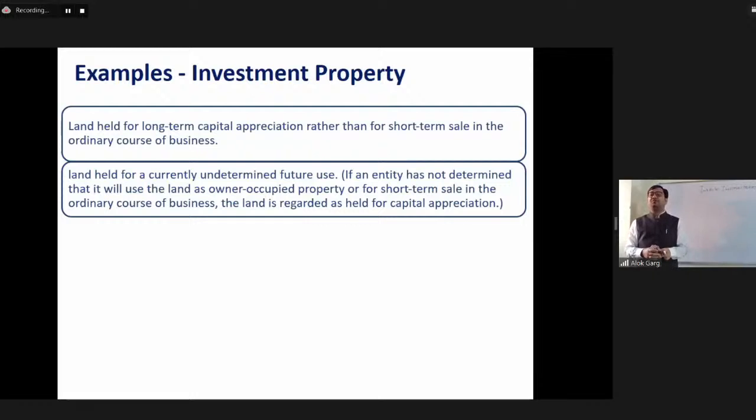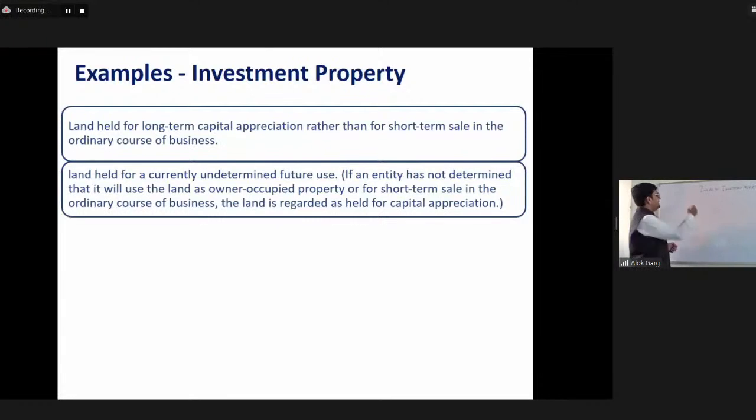So this is known as land held for a currently undetermined future use. If an entity has not determined that it will use the land as property, plant and equipment, or for short-term sale in the ordinary course of business, the land is regarded as held for capital appreciation purposes. So if a land is held for undetermined future use, again, it will be considered as an investment property.